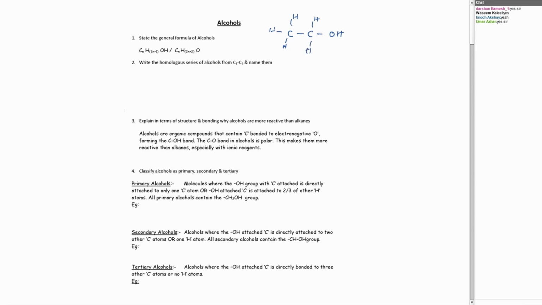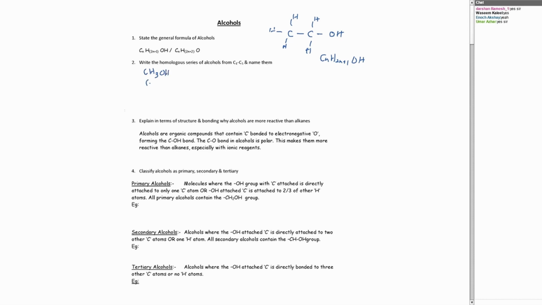What I have drawn here is the most common alcohol, which is ethanol. You can notice one of the hydrogens of the alkane is substituted. The general formula of alkane we know is CnH2n+2, right? So when it comes to alcohol, you remove one hydrogen, make it plus 1, and add an OH instead of that hydrogen.